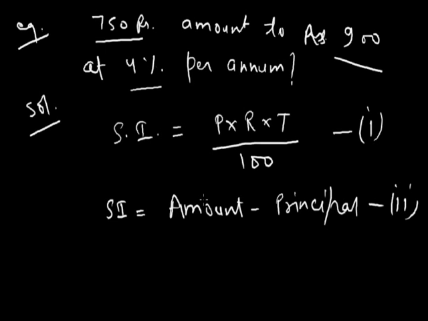Equation 2 states that simple interest is equal to amount minus principal, and amount is given in the question as rupees 900 and principal as rupees 750. So simple interest to be paid back after t years is equal to rupees 900 minus rupees 750.